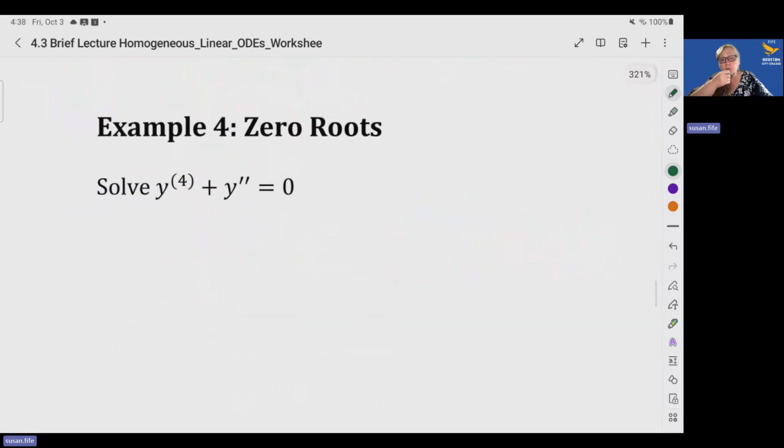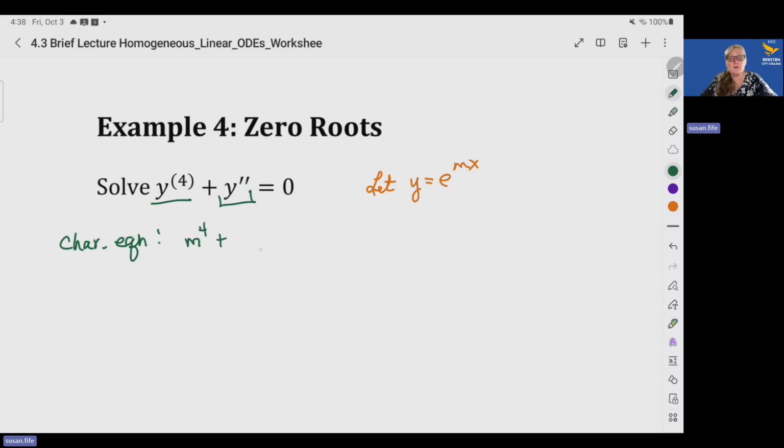Let's look at zero roots. Here again, I'm going to start with y equal to e to the mx. My characteristic equation is, from that fourth derivative, you get m to the fourth, plus from the second derivative term, you get m squared, is equal to 0.